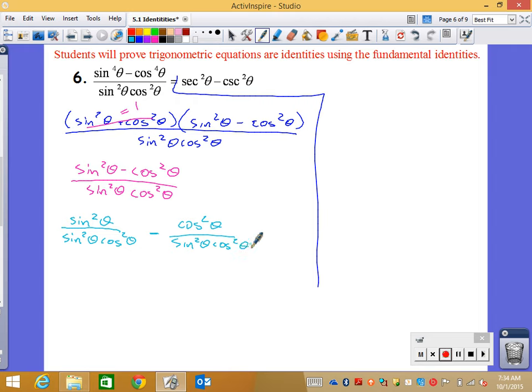Now let's see what simplification happens. My sine squareds cancel, so on the first one I have 1 divided by cosine squared theta. On the second one, cosine squareds cancel, and I have 1 over sine squared. Using my reciprocal identities, 1 over cosine squared is secant squared theta, minus 1 over sine squared theta is cosecant squared theta. And that's exactly what we wanted at the very end.